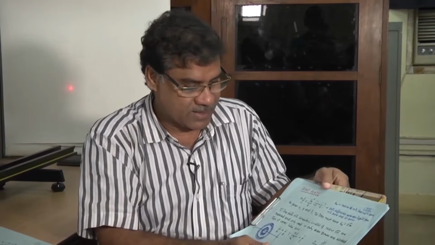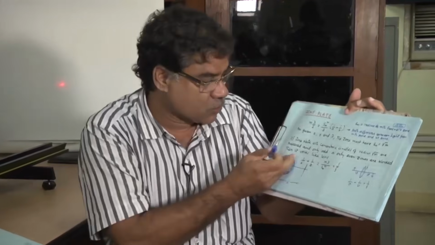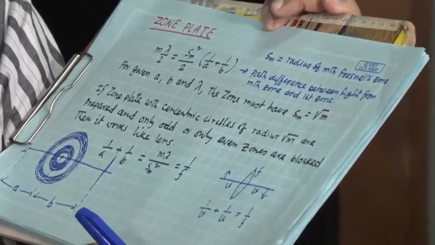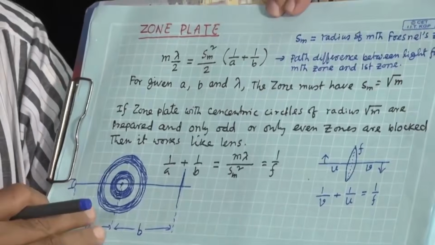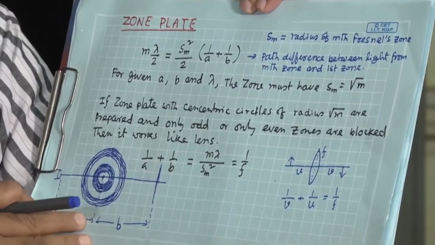To understand the experiment, we have to understand the theory behind it, which is very important. As I told you, this zone plate will behave like a multi-focus convex lens.